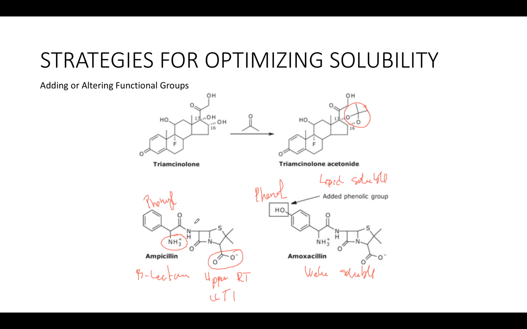So it was observed that when you convert the phenyl group into a phenol, because of the hydrogen bonding capability of the phenol, you increase the solubility and the oral absorption of the drug from 30 to 55% oral absorption.